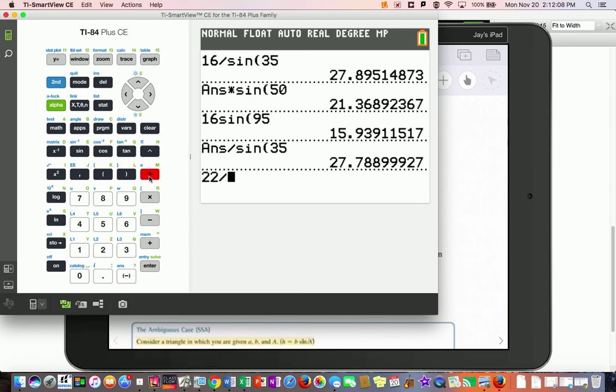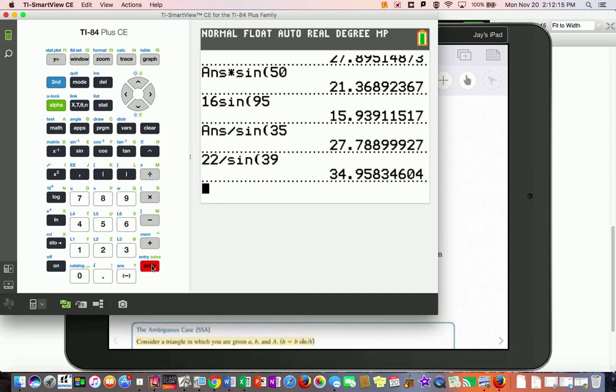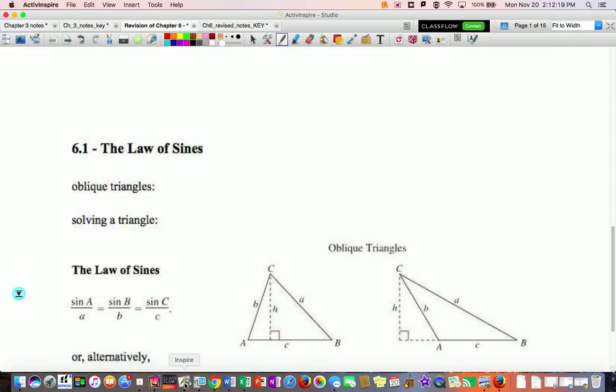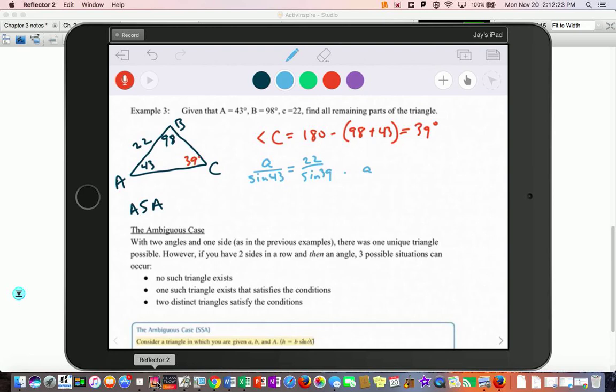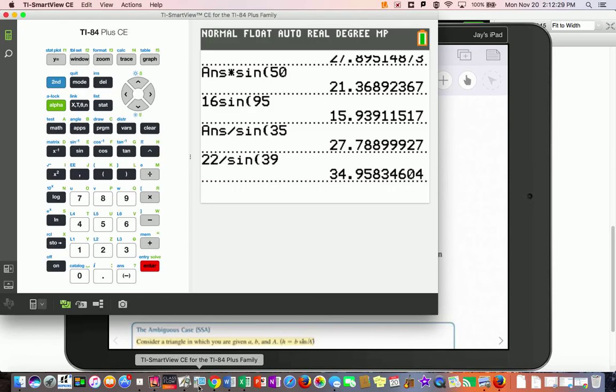And so we just go to our calculators: 22 divided by the sine of 39 is 34.96. And then we have to divide that by the sine of 43.